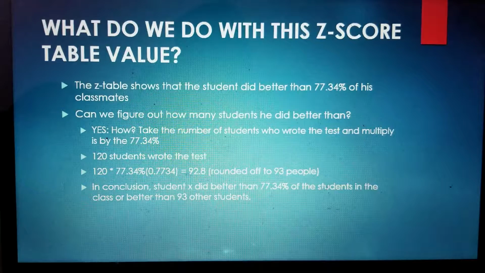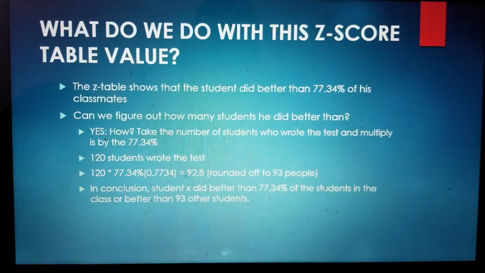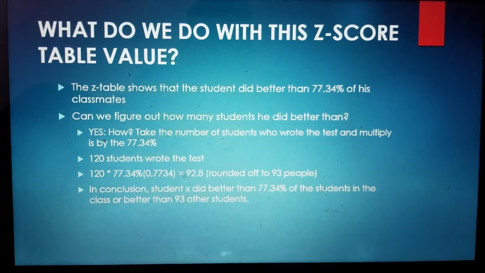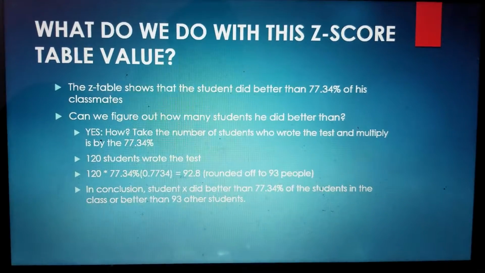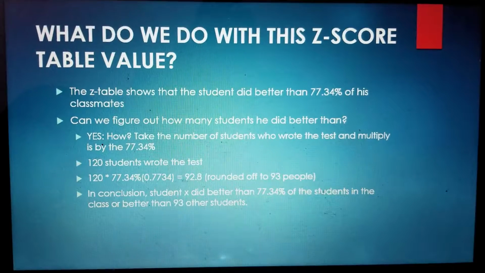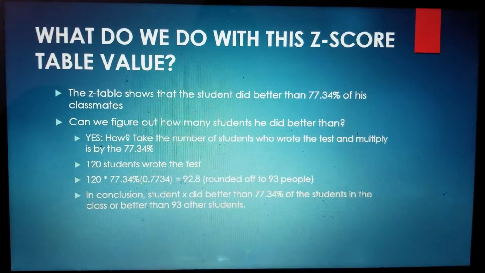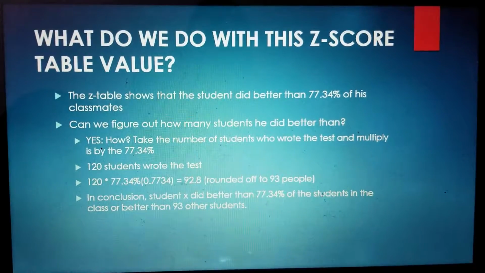How do we figure out how many students he did better than? Are we able to figure that out? Absolutely. With all this information that we have, we are able to figure it out. We would take the number of students that wrote the test and multiply it by this 77.34%. As we stated earlier in our example, 120 students have written this test.